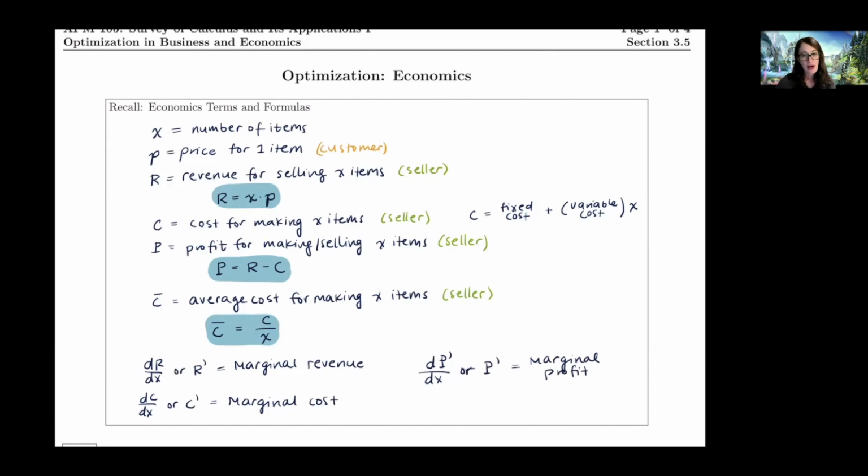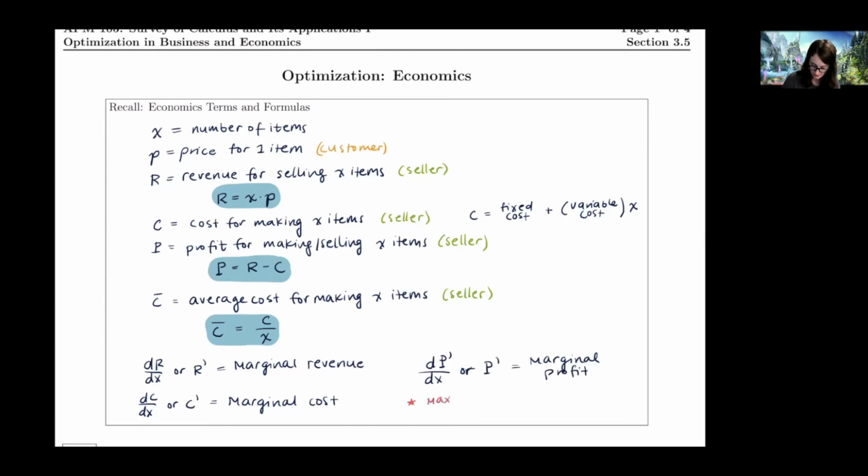Now, in terms of optimizing things, we normally want to maximize certain things, so maximize revenue or maximize profit. And we want to minimize other things, like minimize cost or minimize average cost. So the idea with the optimization in these contexts is that we're going to find the maximum or the minimum of each of these things, depending on the situation.